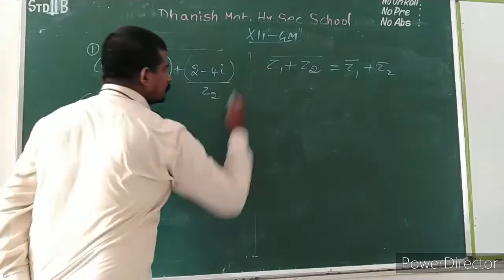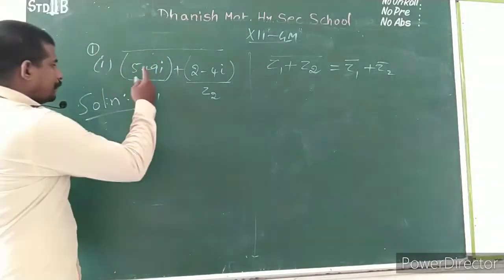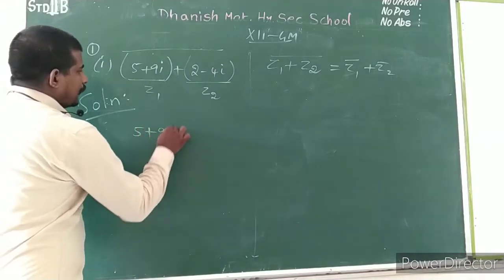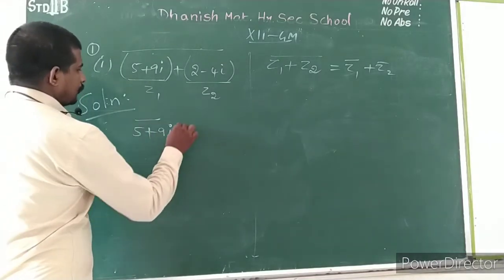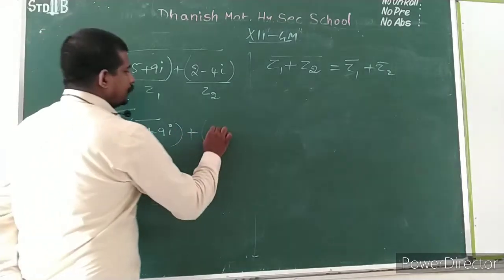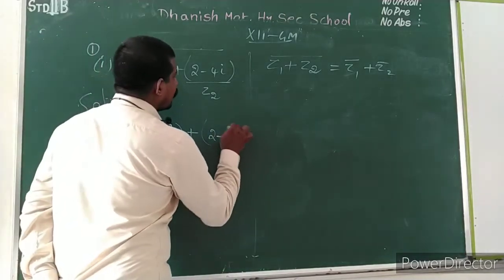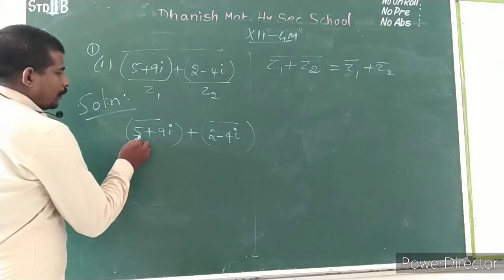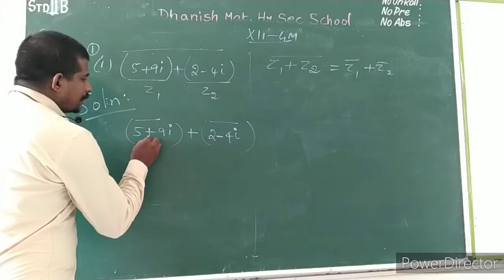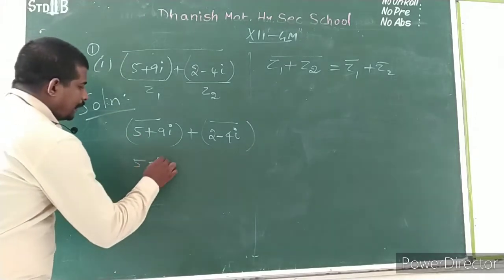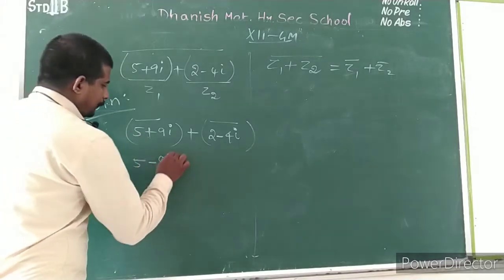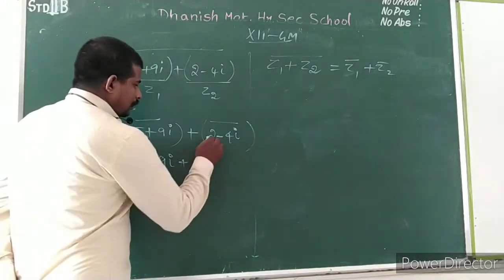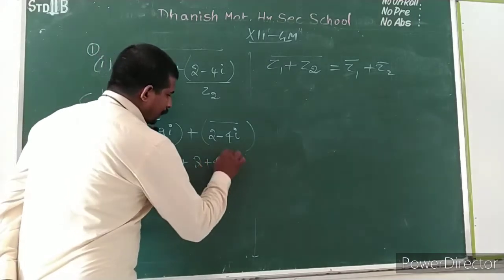Now I am going to apply this property. Based on that, I am going to write (5 plus 9i) bar plus (2 minus 4i) bar. Now I am going to write the conjugate of this, 5 minus 9i plus the conjugate for this, 2 plus 4i.